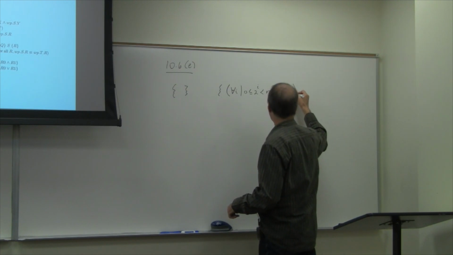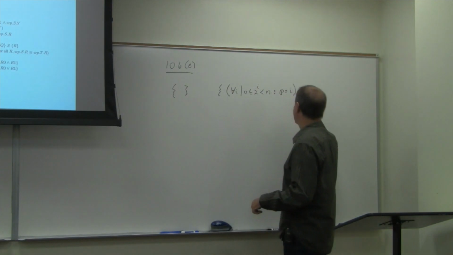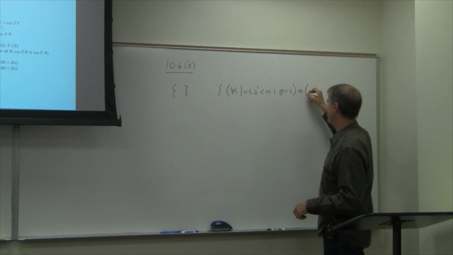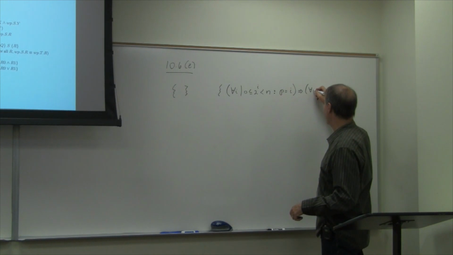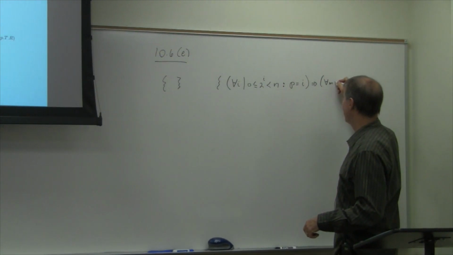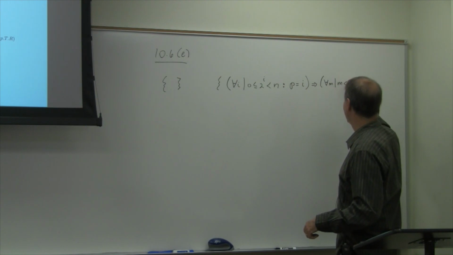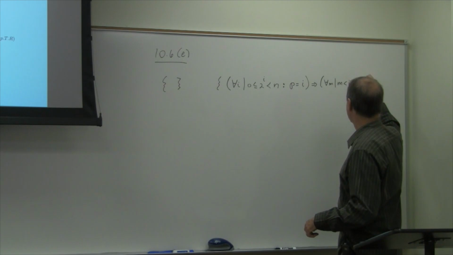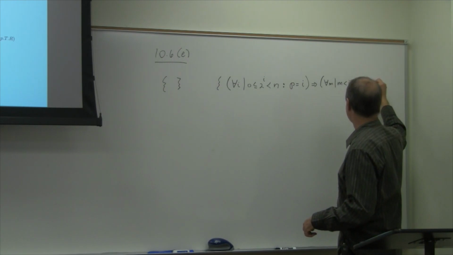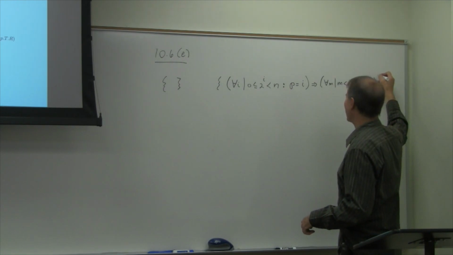And then I said this whole thing implies that for all m, range m is less than i, body 2 to the m is less than 2 to the i. That's why I said I don't know if I did it right. Well, yeah, this doesn't look good.